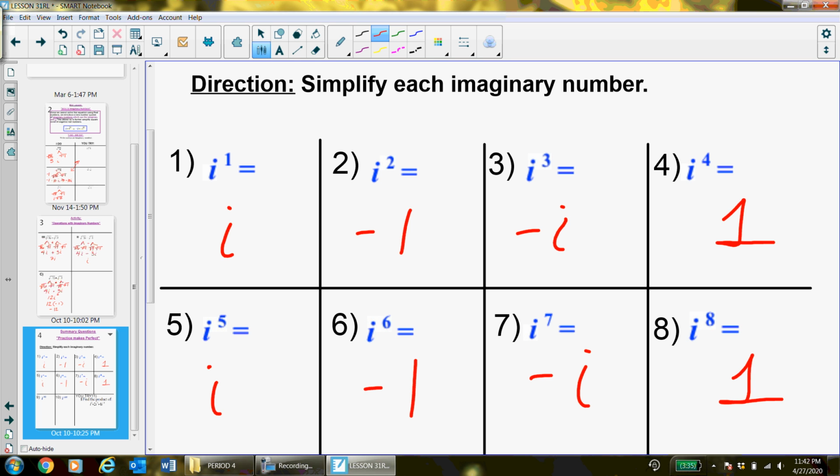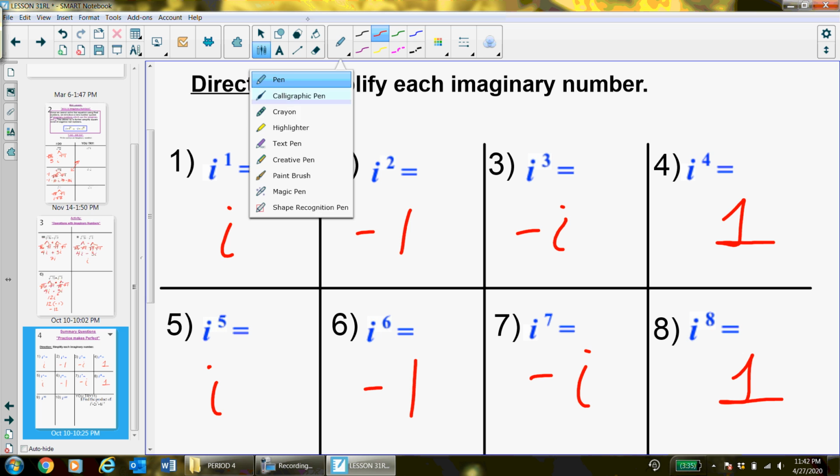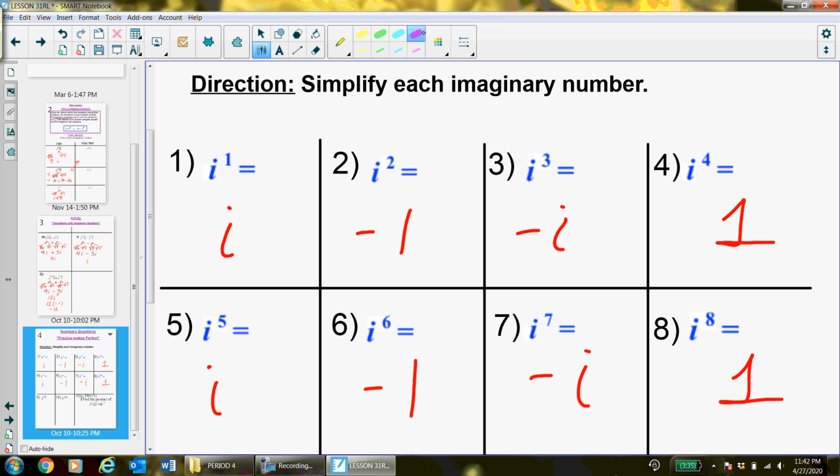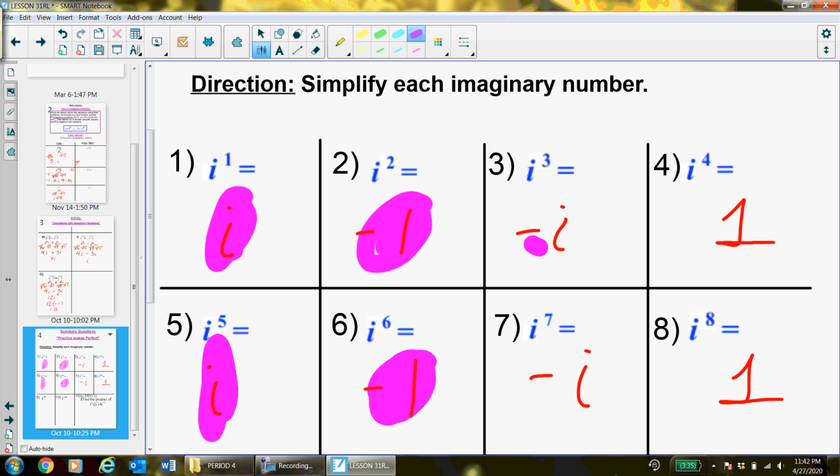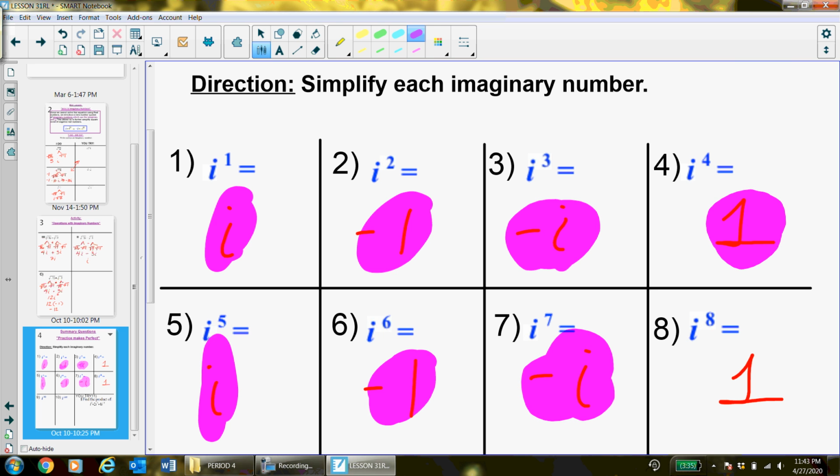So obviously you guys should notice the pattern between all of these. There's i here, negative 1, negative 1, negative i, and positive 1, positive 1.